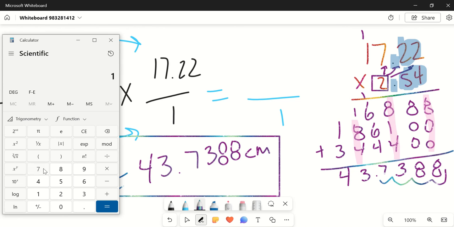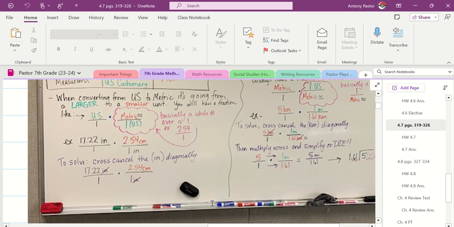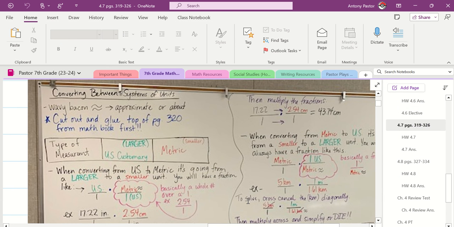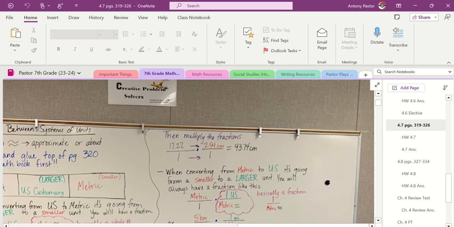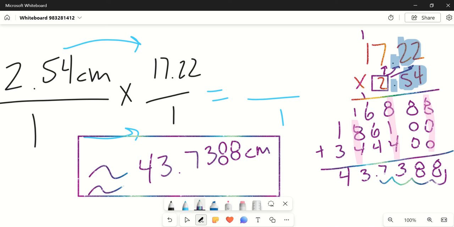So it would be 17.22 multiplied by 2.54. That gives 43.7388. And let's see if we did it correctly when we look at this. Yes, we have 43.74 centimeters because they rounded.